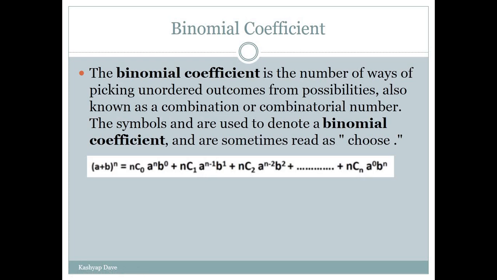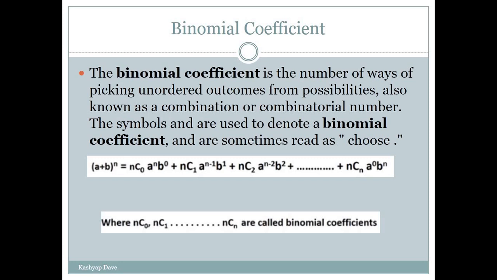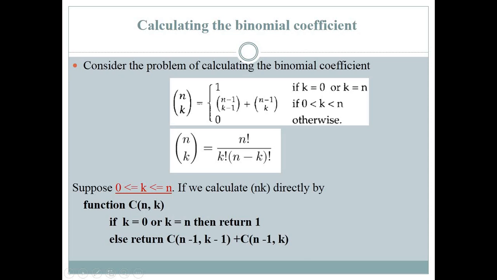Those are our binomial coefficients, nC0, nC1 up to nCn. We will have to calculate them for solving (a plus b) raised to n type equations. So how can we calculate this binomial coefficient?